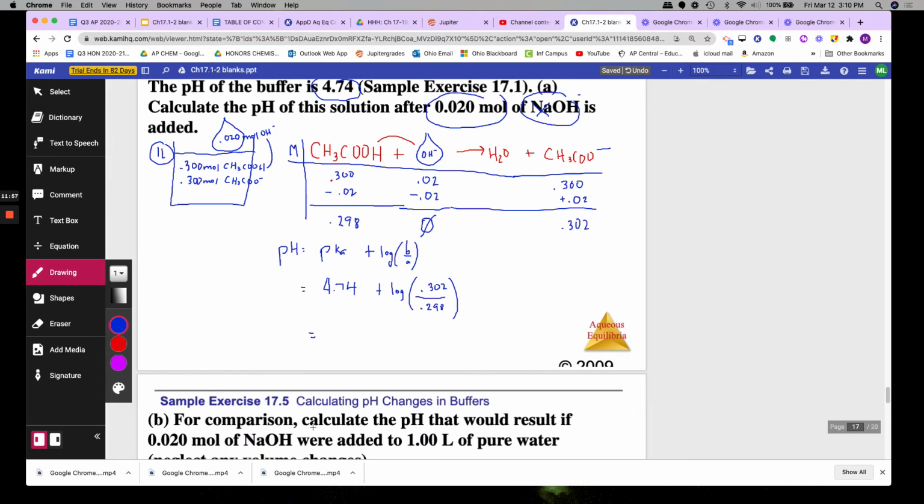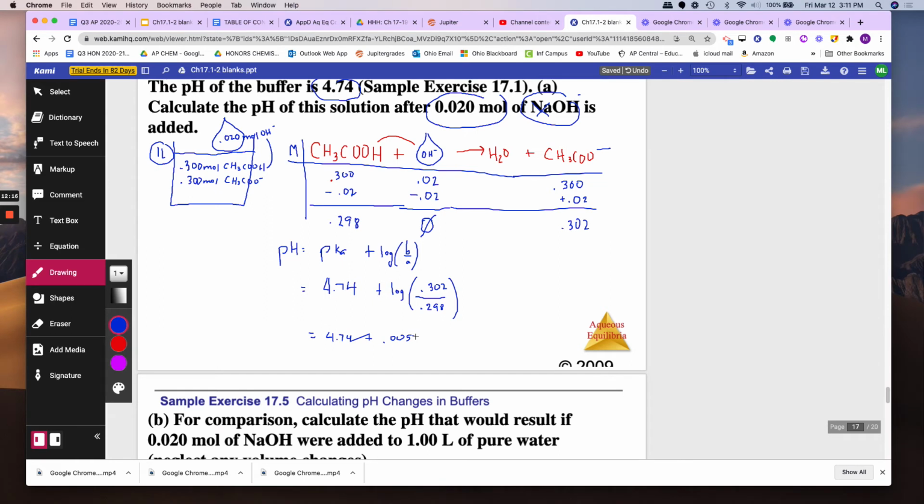So you have 0.302 divided by 0.298 equals log, 4.74 plus 0.00579. You can notice it's hardly changed. And then add that to 4.74. Your pH is 4.75.